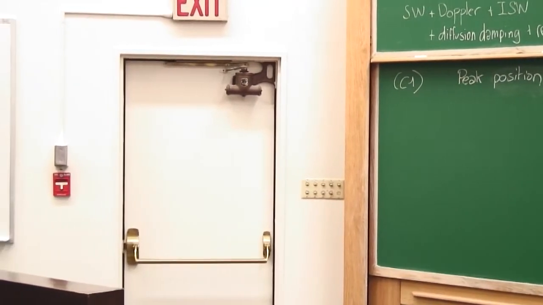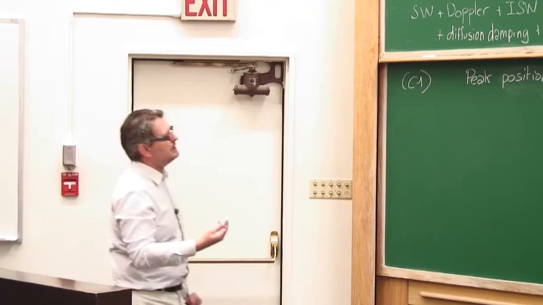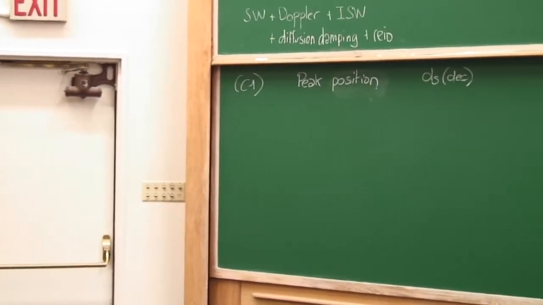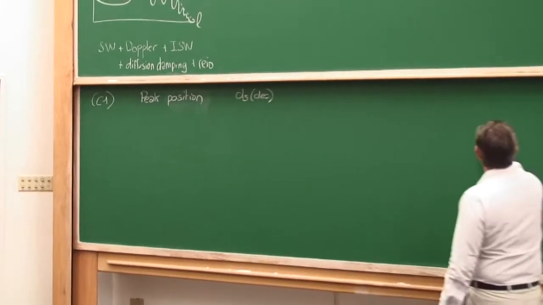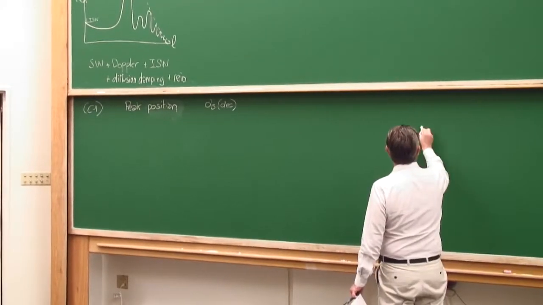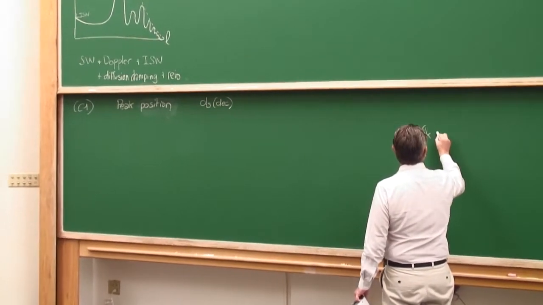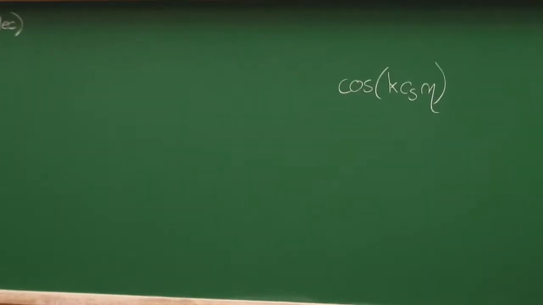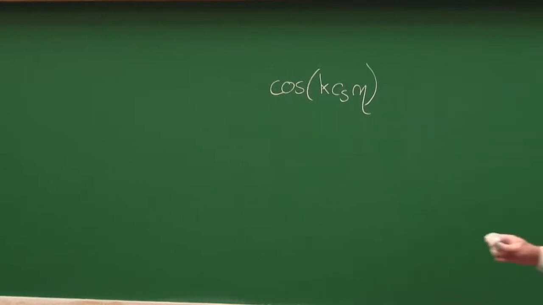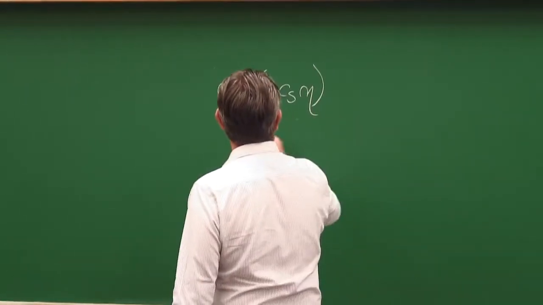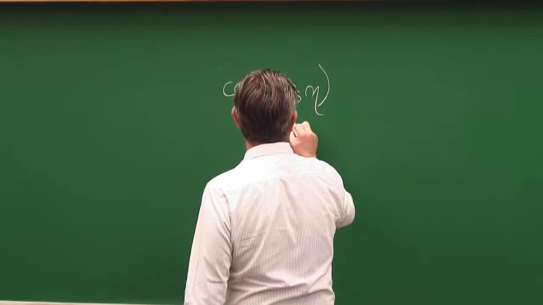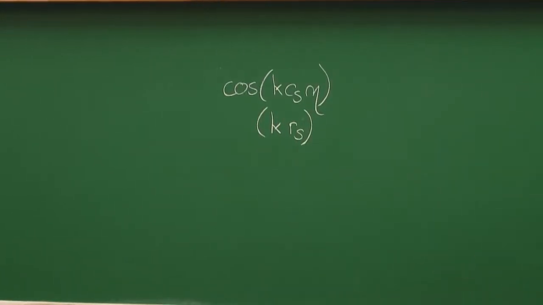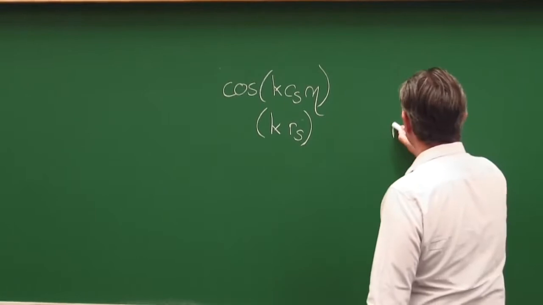Okay, it should be clear from yesterday that this is a scale which determines the scale of the peaks, the phase of the oscillations. Yesterday we had some cosine of K, CS, eta in our simplified solution. What is this argument? In fact, it is K times the sound horizon. So here it's in co-moving scale. Co-moving sound horizon that I call RS.